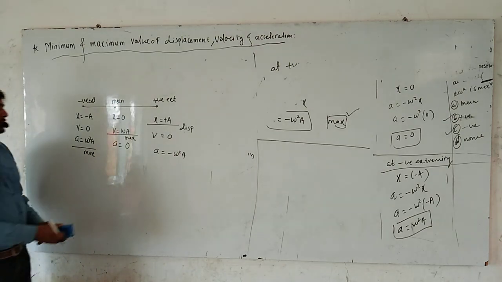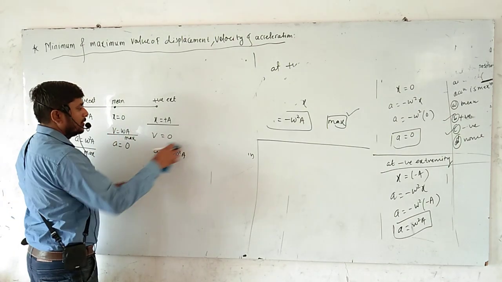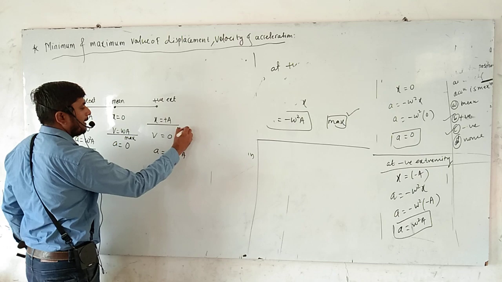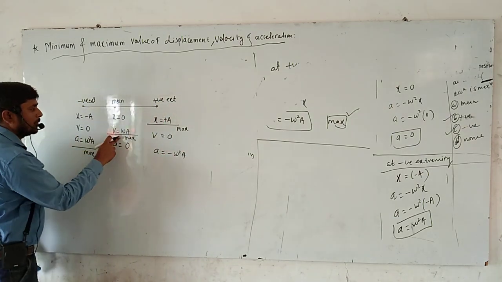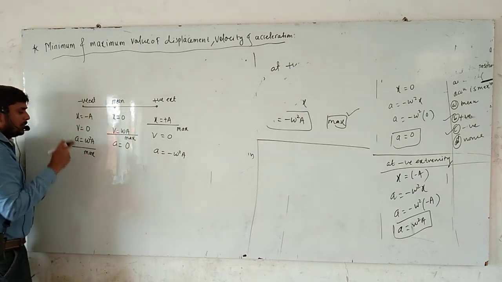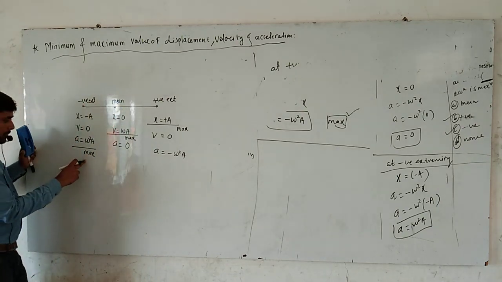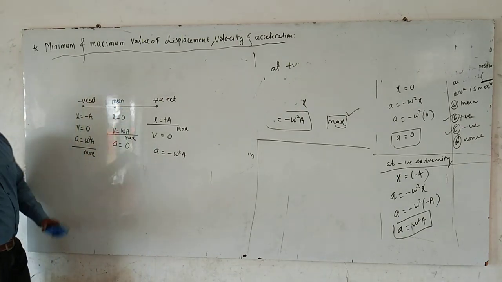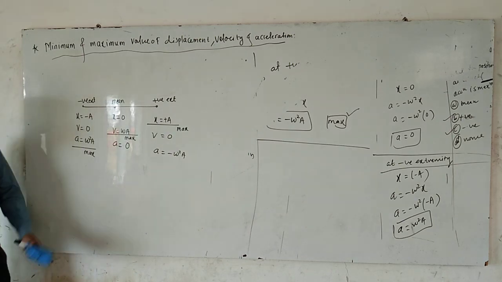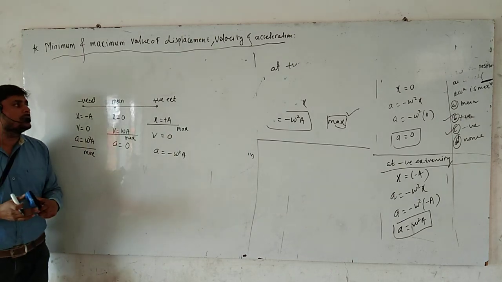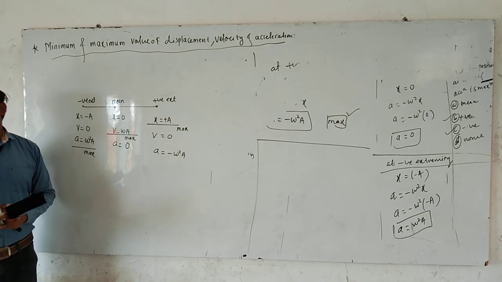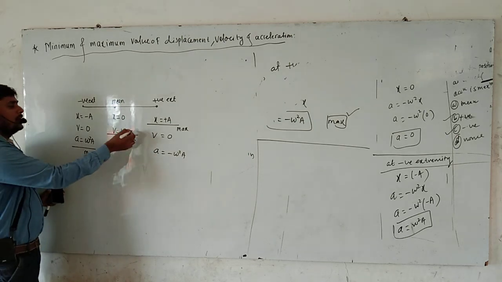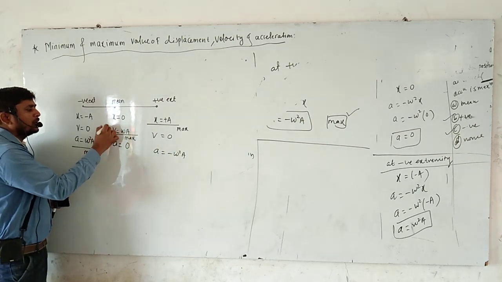Right? So that's the reason why the displacement will be maximum at the positive extreme, the velocity will be maximum at the mean position, and the acceleration will be maximum at the negative extreme. But again, I'm going to say that if the question says the magnitude of the displacement, velocity or acceleration will be maximum, then in the case of velocity we don't have any problem.